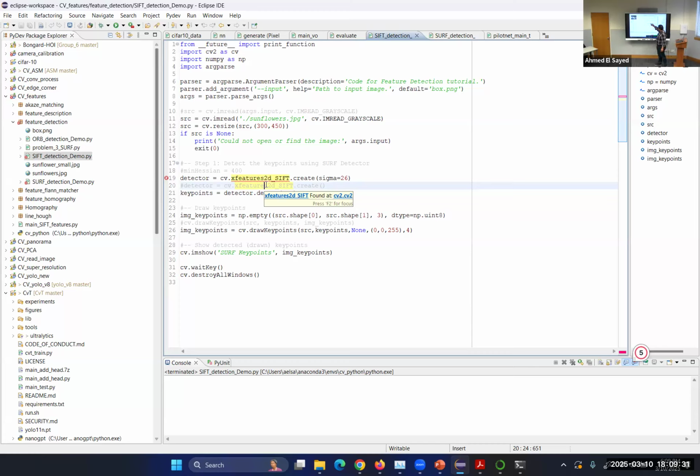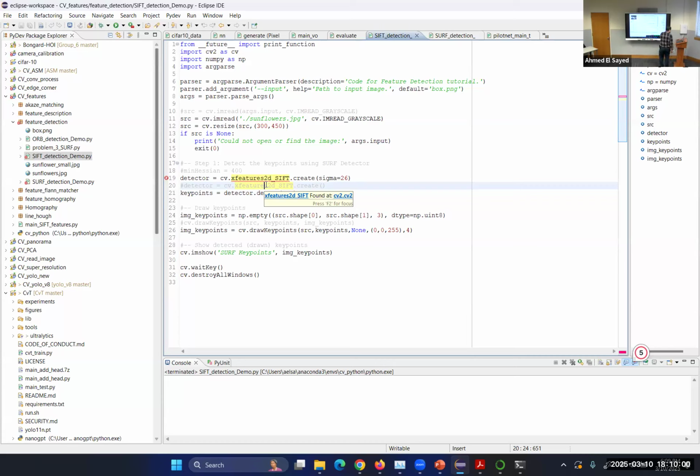Here I'm creating the SIFT detector that will be used to detect the features and find the descriptors. Here I put the sigma value that I will use. Remember, I start with sigma, then I will go with sigma squared, then sigma cubed, sigma to the 4, and so on. So this is the sigma value that I will start with.